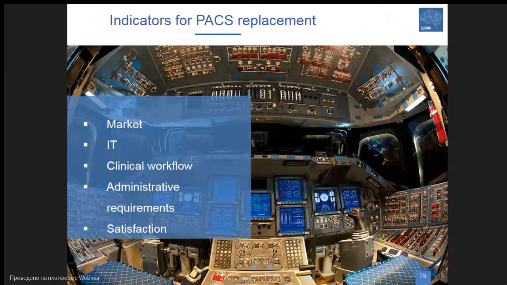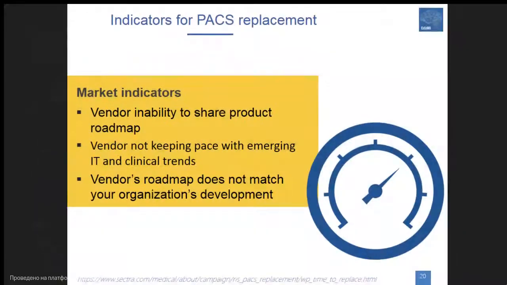The indicators for PACS replacement are different, so you need to analyze market, IT, clinical workflow, administrative requirements, and satisfaction. I will talk about each of them. So the market indicators come into play when the vendor of your PACS is unable to share a product roadmap.